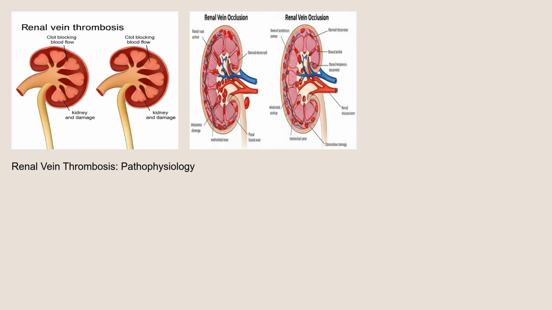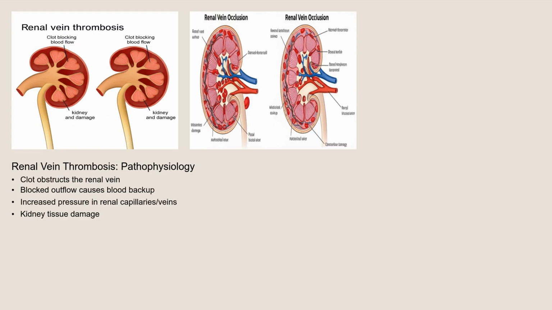Now let's delve into the pathophysiology. When a clot obstructs the renal vein, the flow of blood exiting the kidney is blocked. This causes a backup of blood within the kidney, leading to increased pressure in the renal capillaries and veins. This increased pressure can damage the kidney tissue, specifically the nephrons, the functional units of the kidney. Reduced blood flow and damage to the nephrons impair the kidney's ability to filter waste and regulate fluid balance.